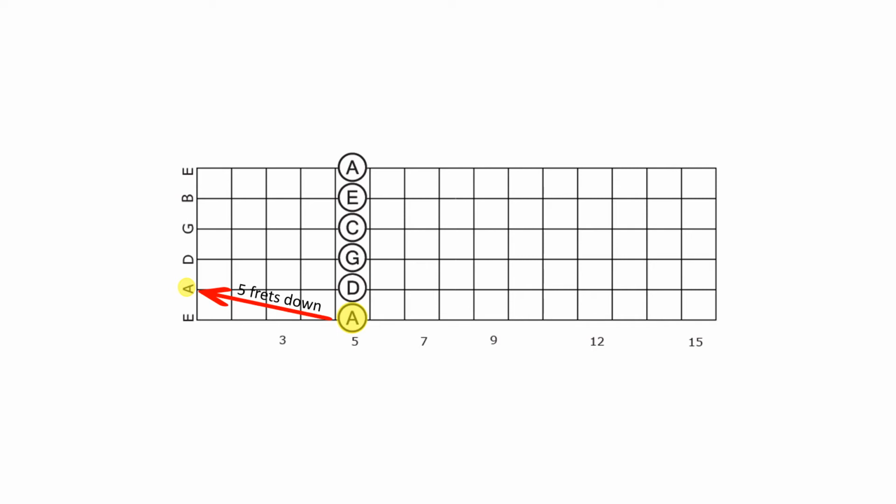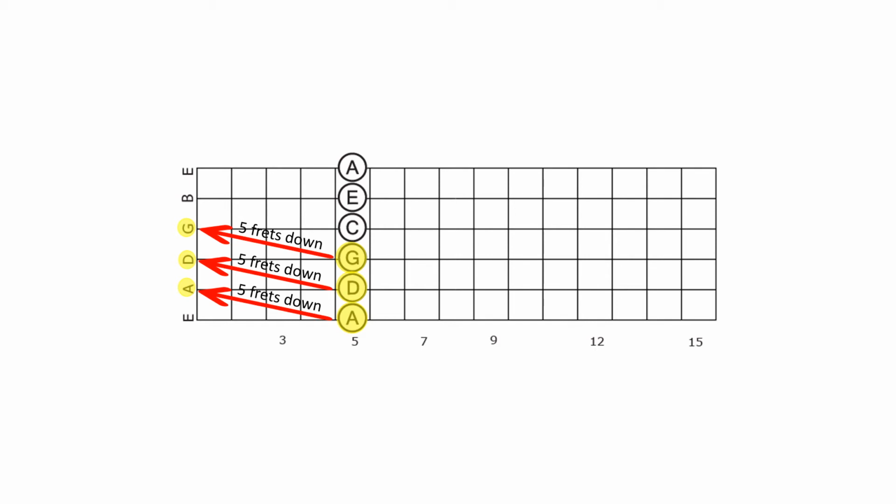We can use a similar explanation when looking at the 5th fret on the A string, which is D, and the open 4th string, which is also D, as well as the 5th fret on the D string, which is G, and the open string on the G string, which is of course G.